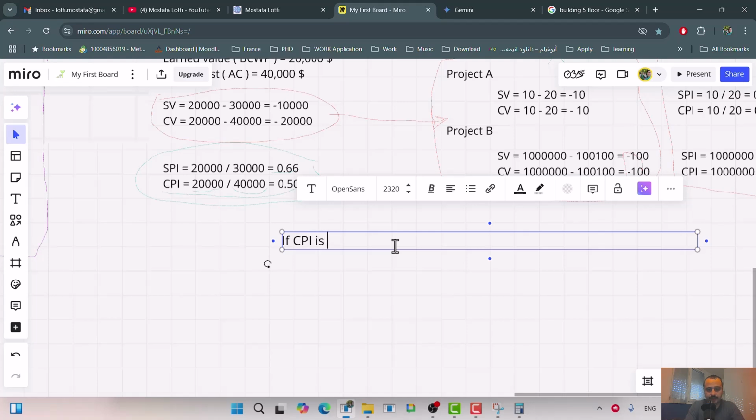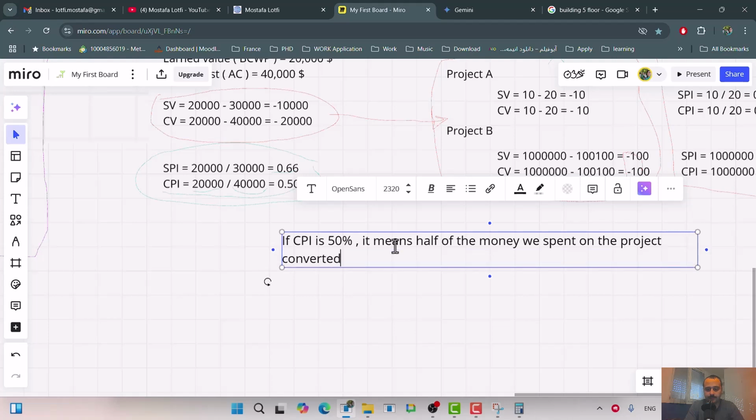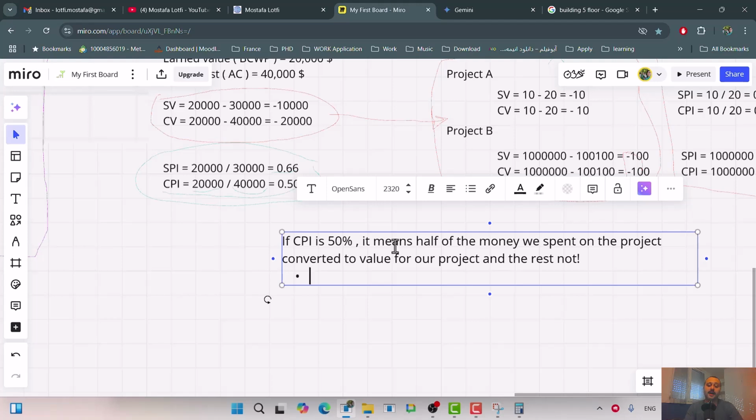If CPI is 50%, it means half of the money we spent on the project converted to value for our project, and the rest did not. When it did not, what does it mean? It can have many reasons.